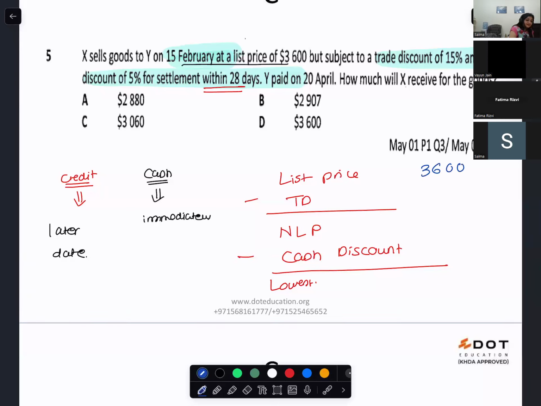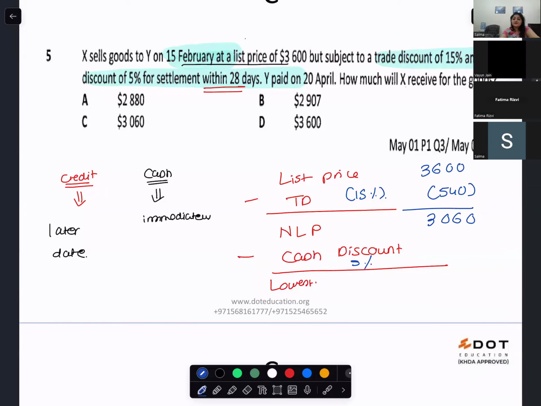Okay. So here the list price is how much? 3,600. And trade discount is 15%. So it will come up to how much? 540. So what is the net list price? 3,060. What is the cash discount? 5%.